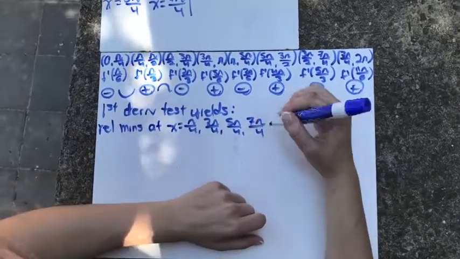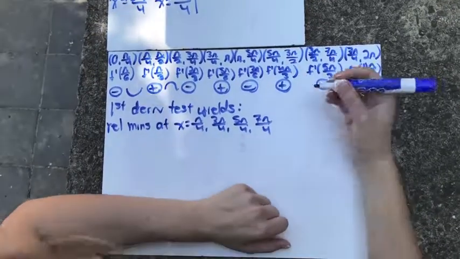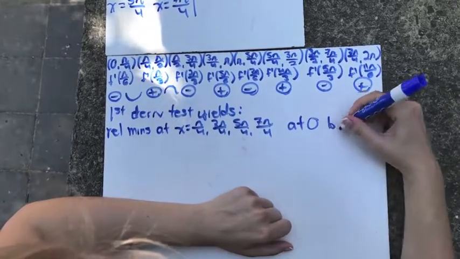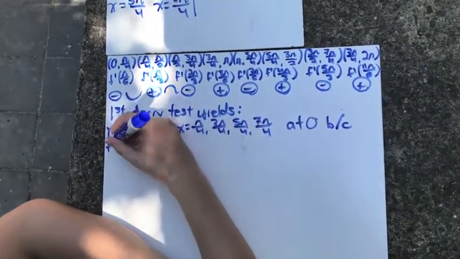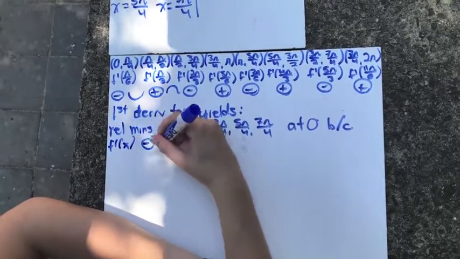And if we plug each of these into the original equation, it will be 0. So at 0, because f prime of x goes from negative to positive.